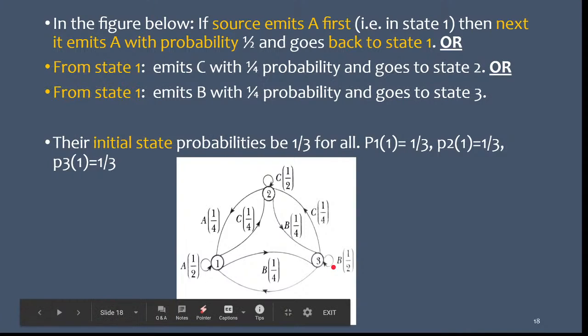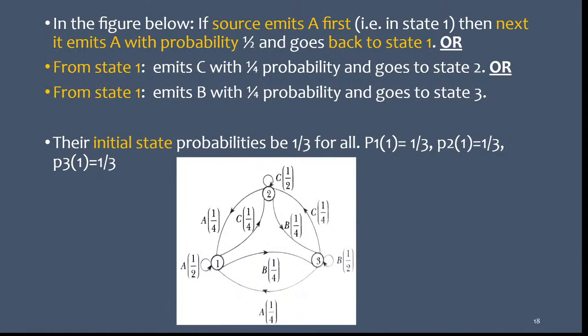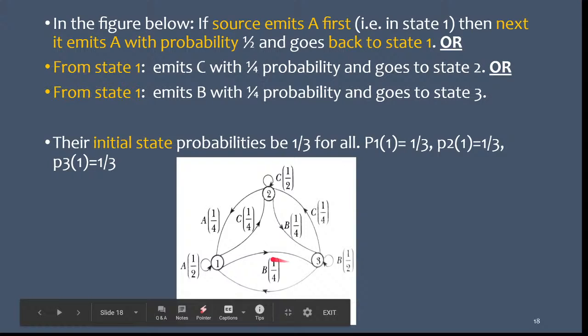It could be in any of these states. So that is called the initial state probabilities, and these are called the transition probabilities. These are the transition probabilities from which state to which state, that is a transition probability.